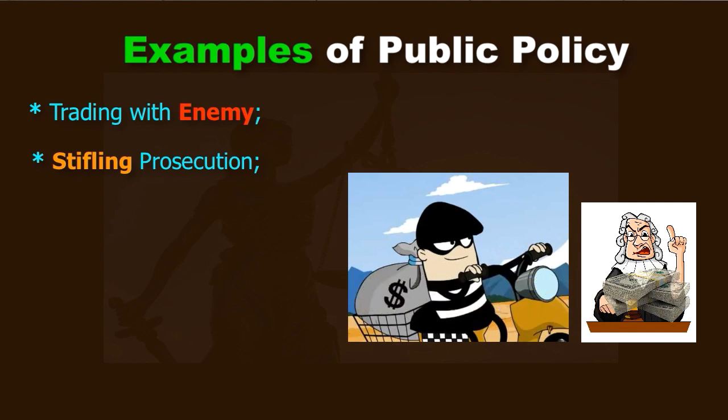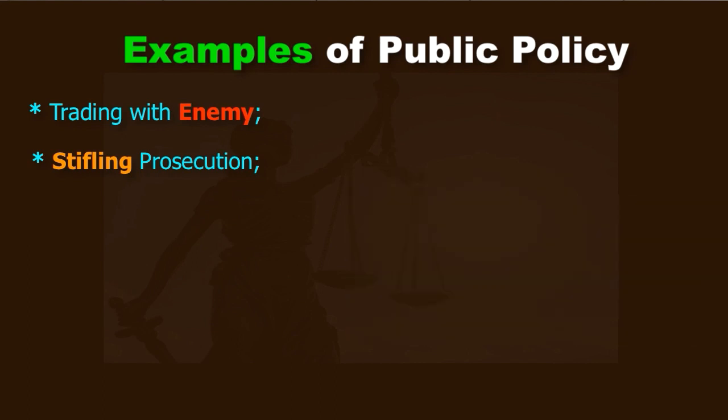You know that if someone committed a crime, he is liable for that and will be punished as per the law. So he cannot make such a contract with any person, even a judge. If even a judge is involved in this, the judge is doing some illegal kind of work because it is not allowed. So that is the meaning of stifling prosecution.